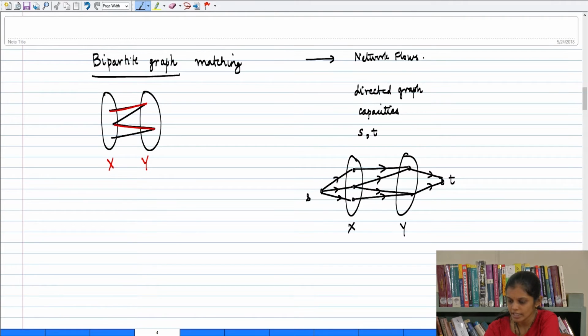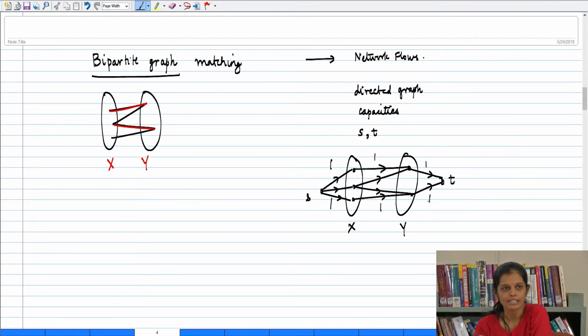For every vertex in Y, you add a directed edge from that vertex to T. Now what are guesses for capacities of these edges? Maybe I will just start with 1. Okay, I will give a capacity of 1 for all these edges. So this is the suggestion, I will not write everywhere, but all the edges are unit capacity.